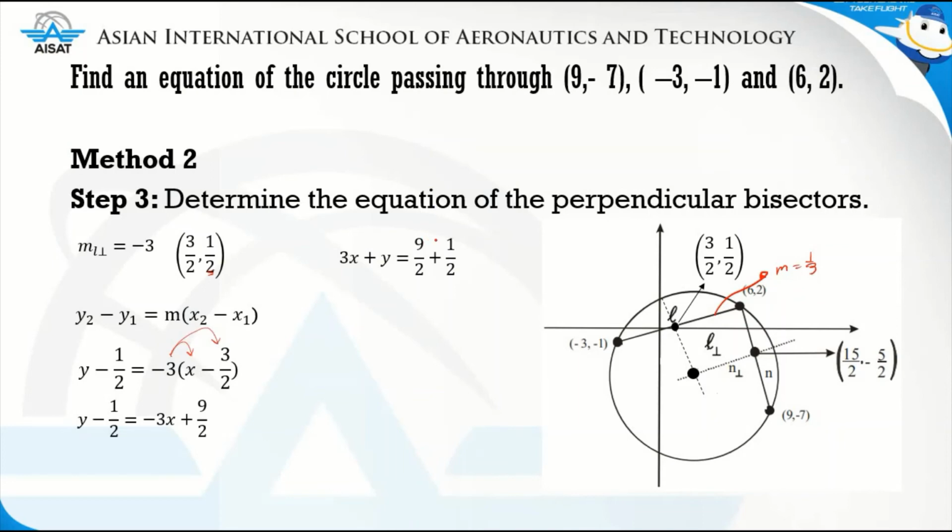On the right, we'll have 9 over 2 plus 1 over 2, that is 10 over 2, and simplifying 10 over 2, we'll have 5. So therefore, the equation of the perpendicular bisector to line L is 3x plus y is equal to 5.